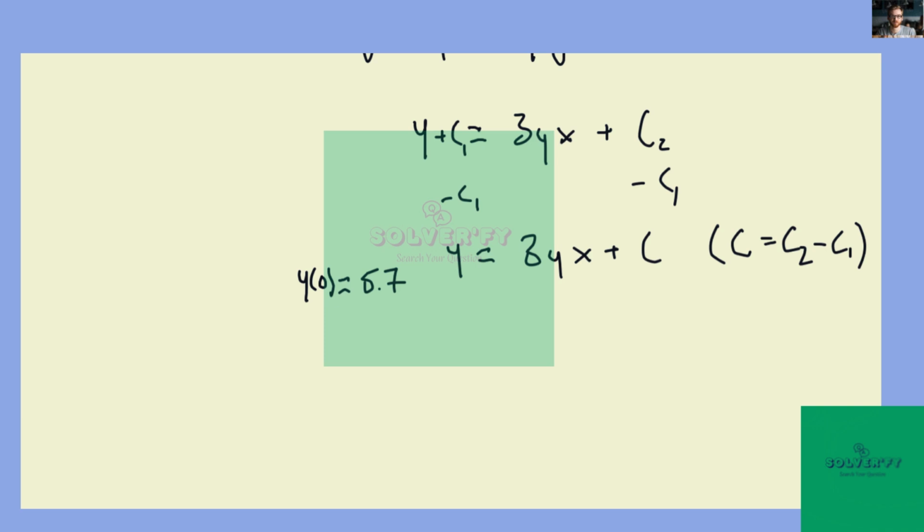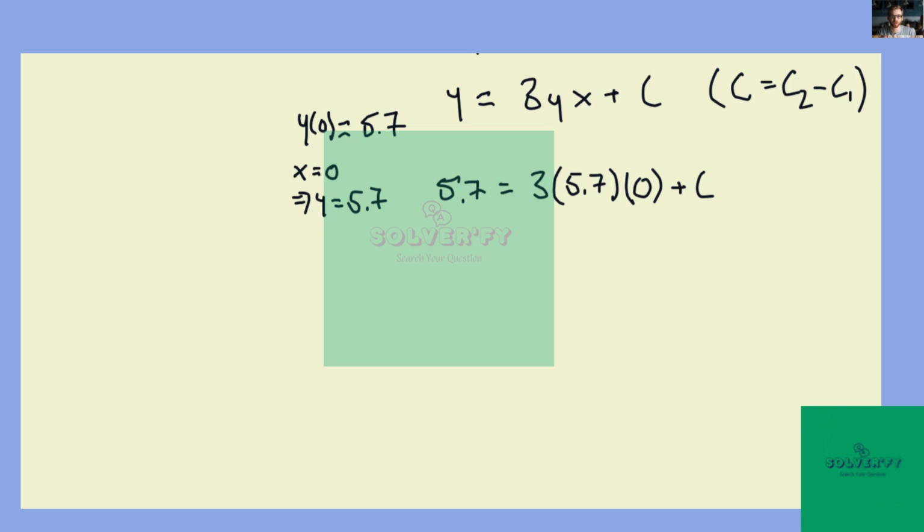Remember, what this means is that when x equals 0, y equals 5.7. So we can plug in these values. Instead of y, we get 5.7. 3 stays the same, but this y turns into 5.7. Our x turns into 0, because that's what we're talking about, what happens when x is 0. And then we get plus c.